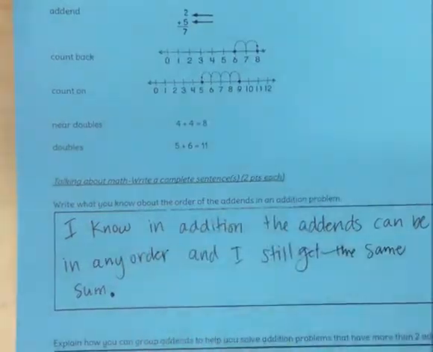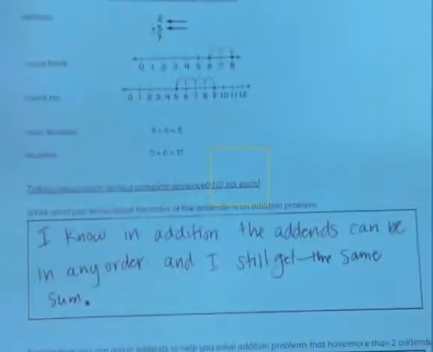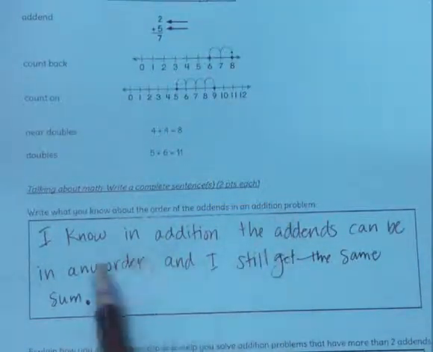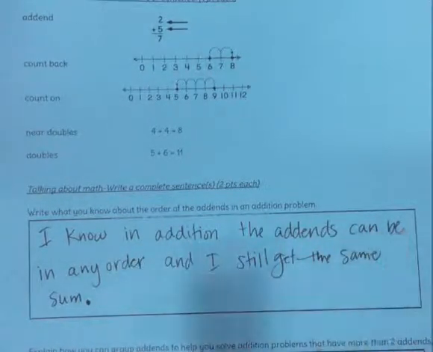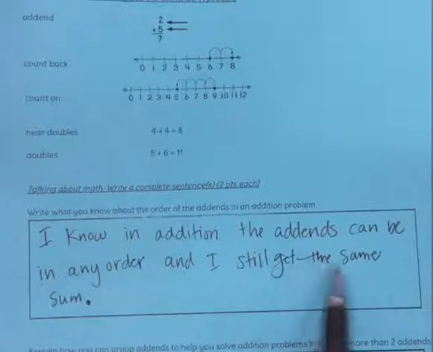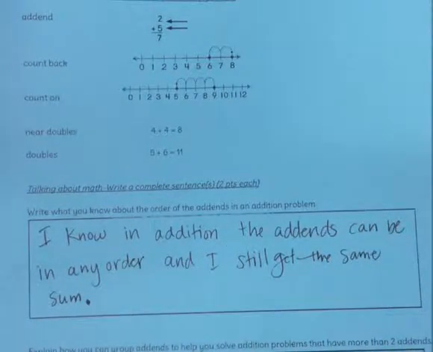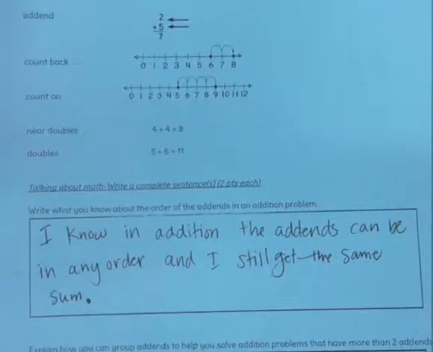Period. Go back and have your child make sure that they reread it. Did I answer the question, and does it make sense? I know, in addition, the addends can be in any order and I still get the same sum. Sounds good. Moving on to the next one.